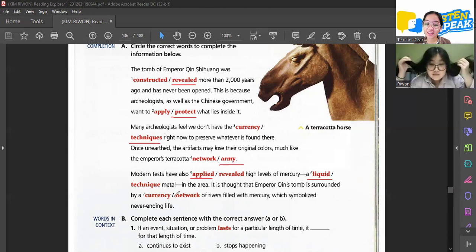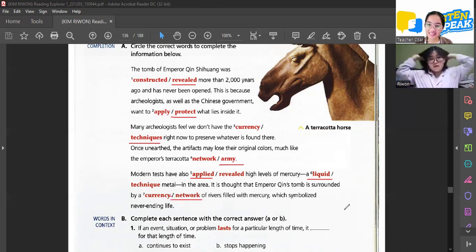It's a network. Oh, why? Okay, so as you can see here, it is thought that Emperor Qin's tomb is surrounded by a network of rivers filled with mercury.